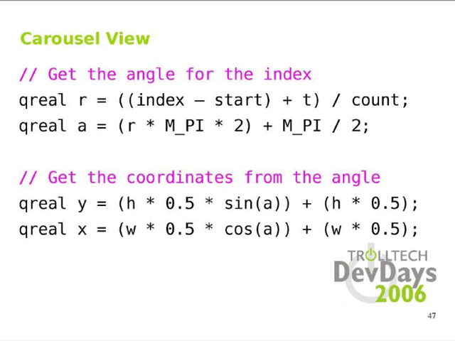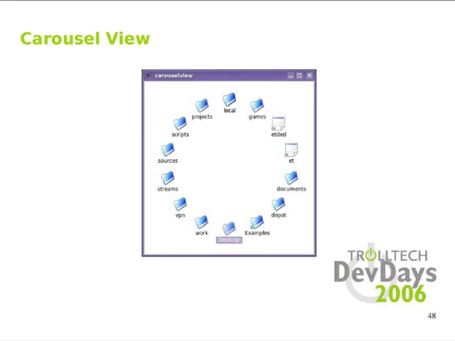I also add index and start because we're not operating with just one item, we're operating with several items. So index would be the current item we're working on, and start would be the first item in the layout. And through some steps here, we end up with a position on a circle for each item. So let me show you what I ended up with.